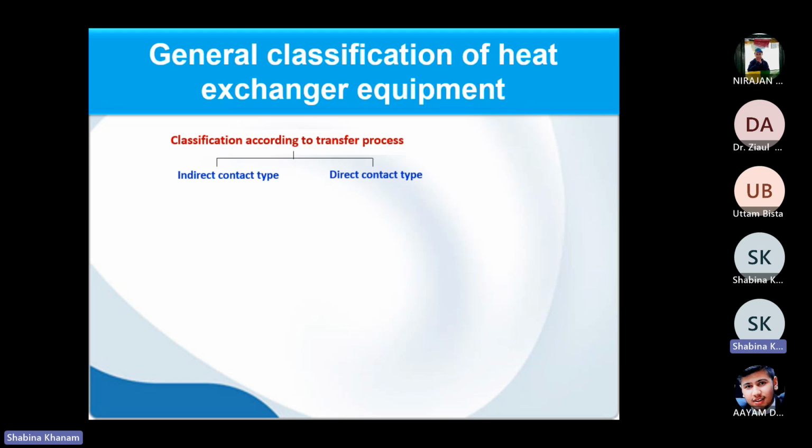Transfer process: I believe you understand how heat is transferred in the heat exchanger. When we consider that, we have two different classifications. Number one, the indirect contact type, as you see over here, and secondly, the direct contact type. Indirect type means the two fluids should not be in contact.